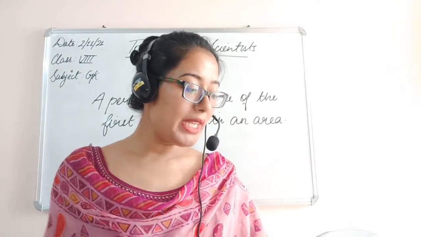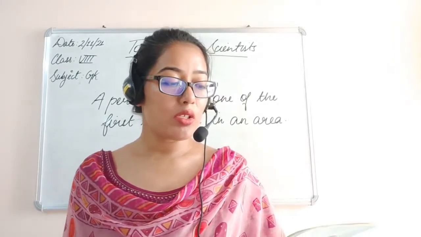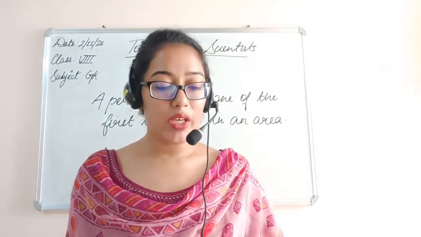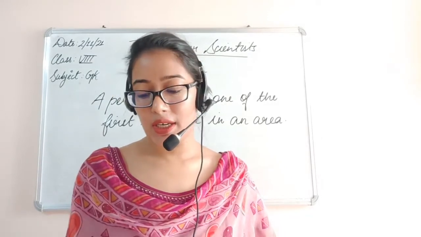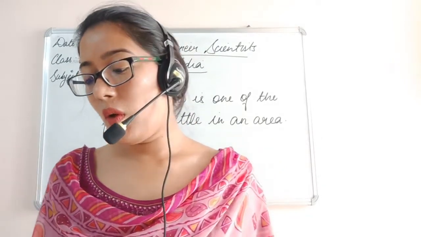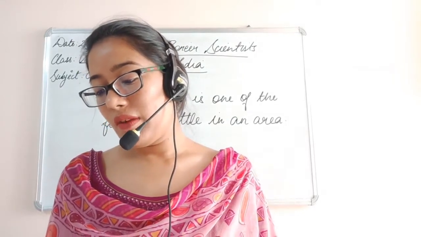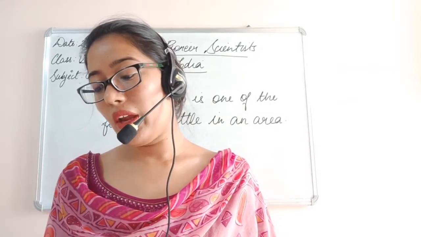So, first one is, he is called the father of India's chemical industry. He was a great chemist of India. He was also the author of the History of Hindu Chemistry, which has been recognized worldwide.